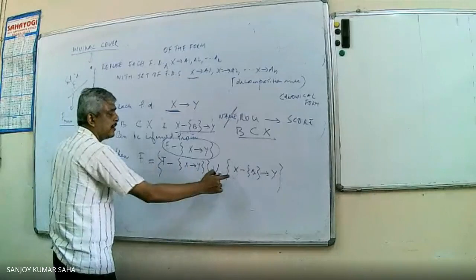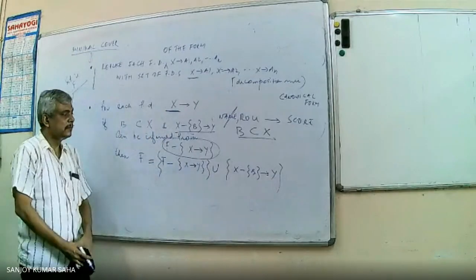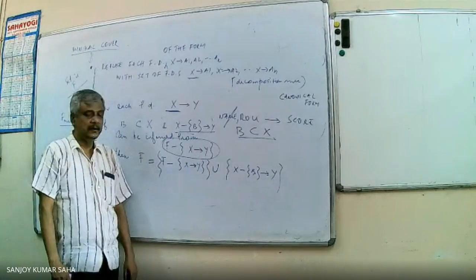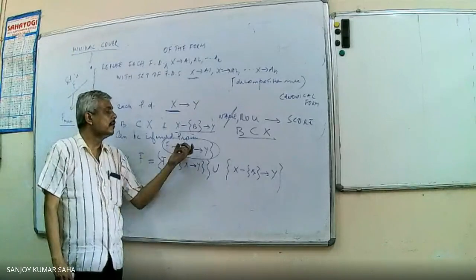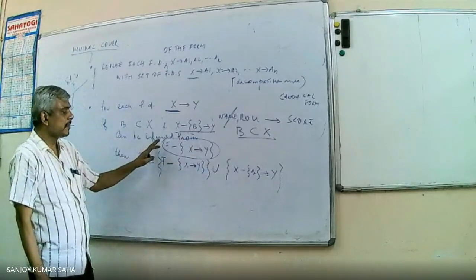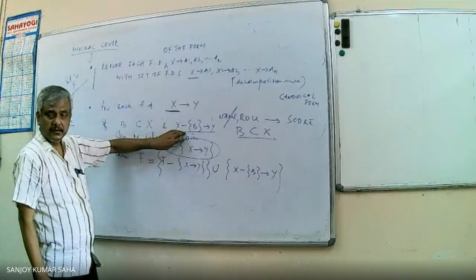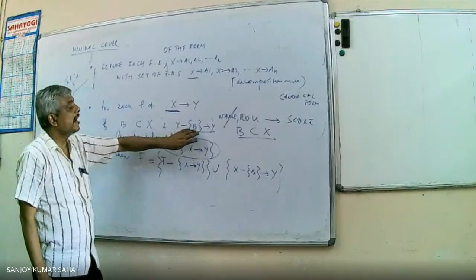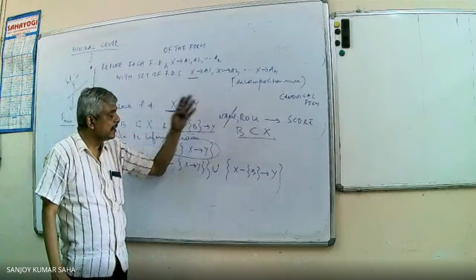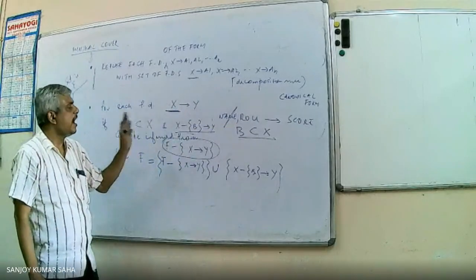Remove this one, rather include this one. So that is one way. If we have some additional attribute on the left hand side, remove those.